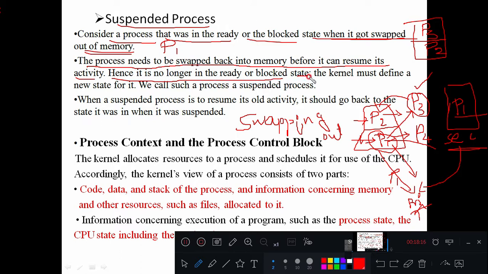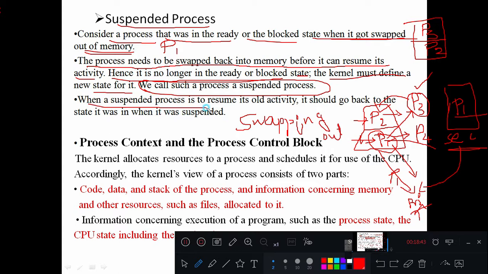Once it is swapped out from the primary memory, I cannot call its state ready or blocked. The kernel must define a new state for it. We call such a process a suspended process. So the kernel has to define one more state besides those 4 states, and that state is called the suspended state.